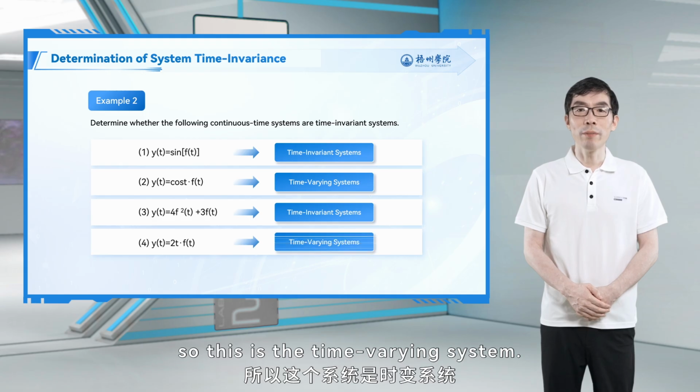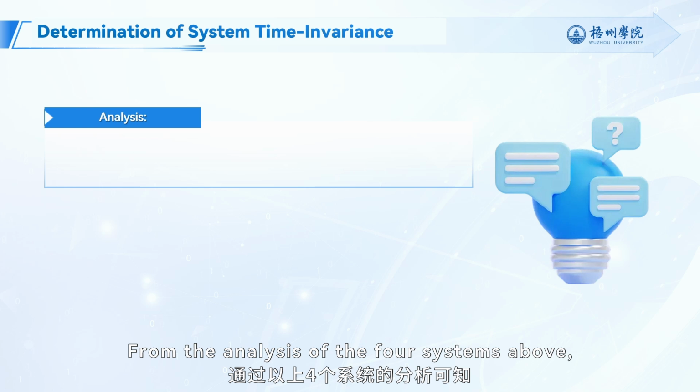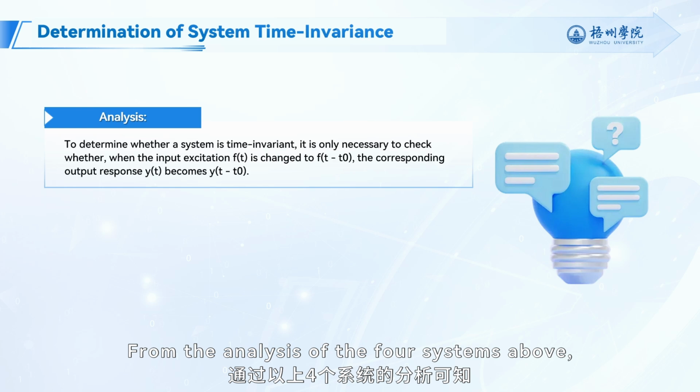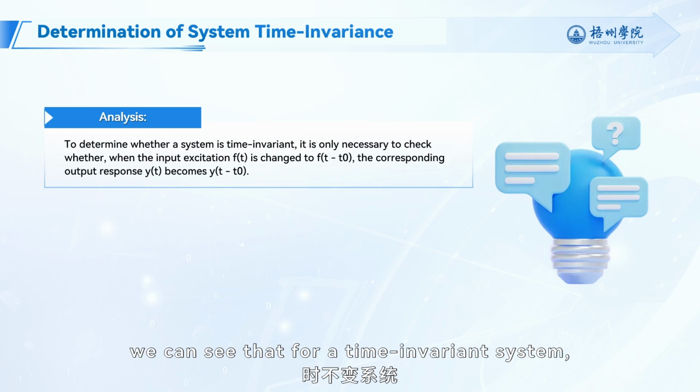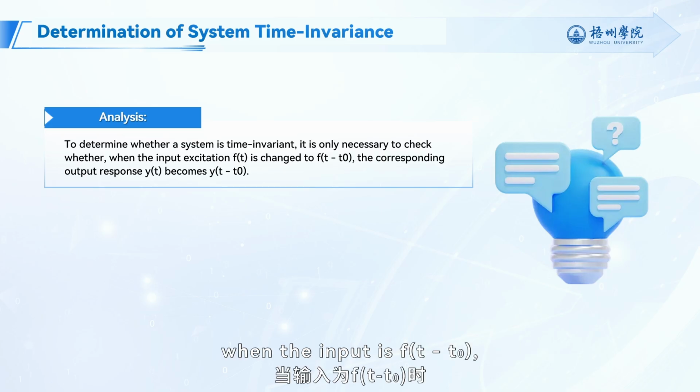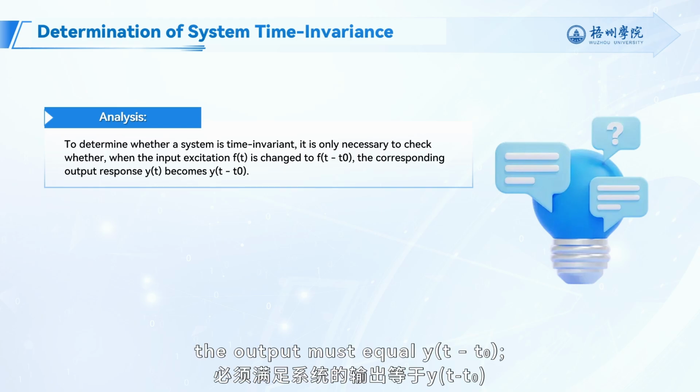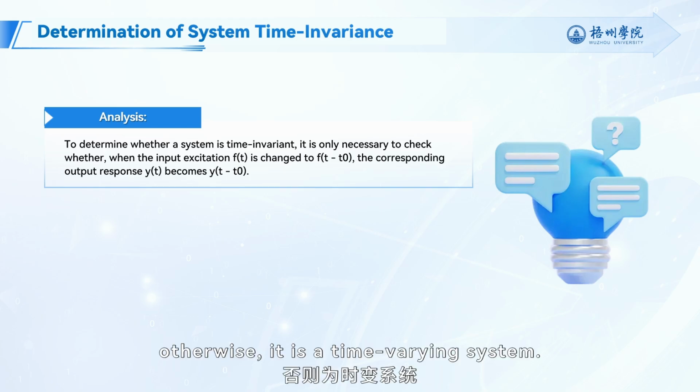So this is the time-varying system. From the analysis of the 4 systems above, we can see that for a time-invariant system, when the input is f of t minus t0, the output must equal y of t minus t0. Otherwise, it is a time-varying system.